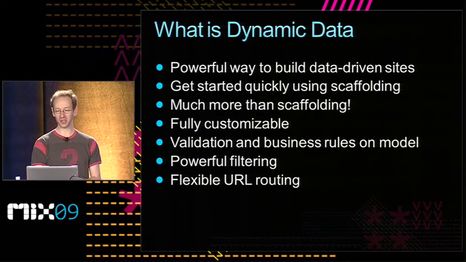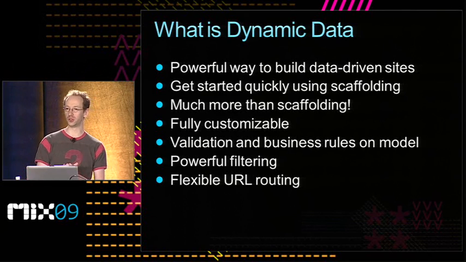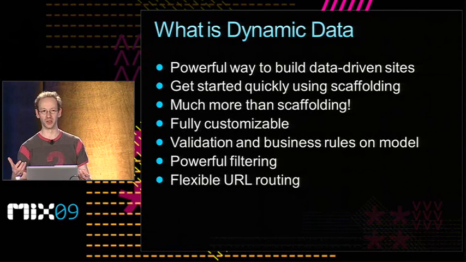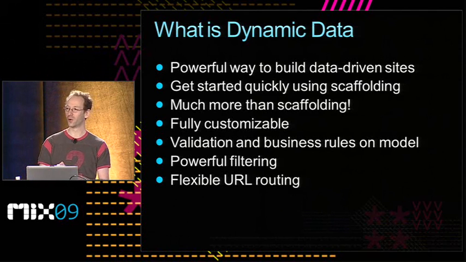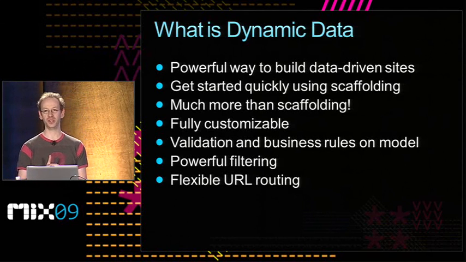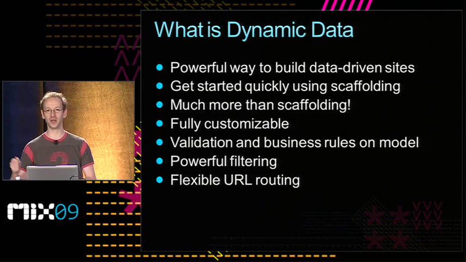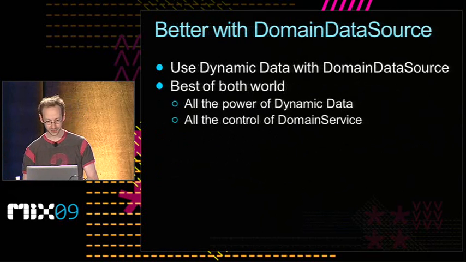And another nice thing it provides is the same kind of routing features that you have in MVC. They really share the same engine. Most people think that the routing engine is part of ASP.NET MVC. The reality is that it is not. It was shipped in 3.5 SP1. MVC uses the exact same one, and dynamic data uses it as well.